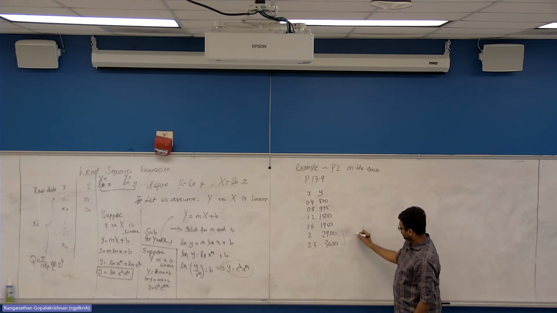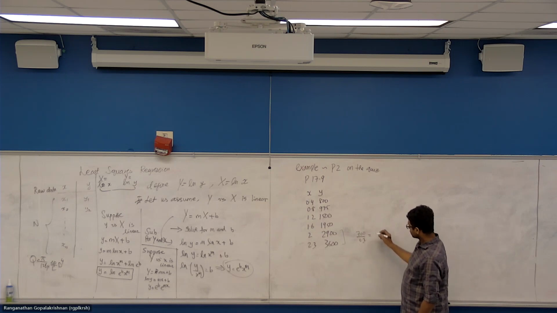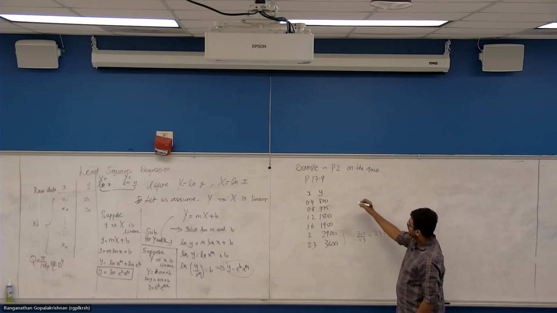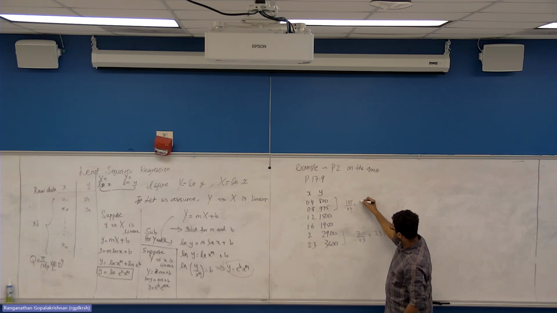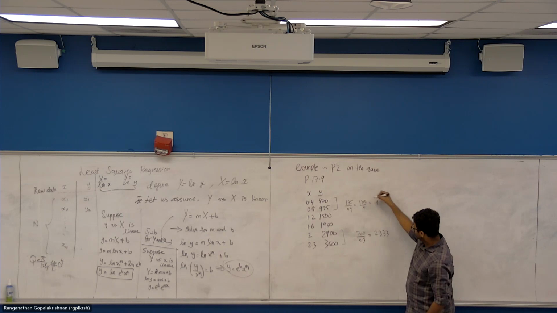What do you get? This is 700 units divided by 0.3, which is 2333. And if I take here, the slope is 175 units divided by 0.4, which is 1750 divided by 4, which is 437.5 something.